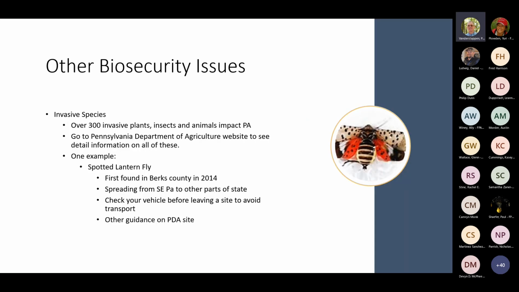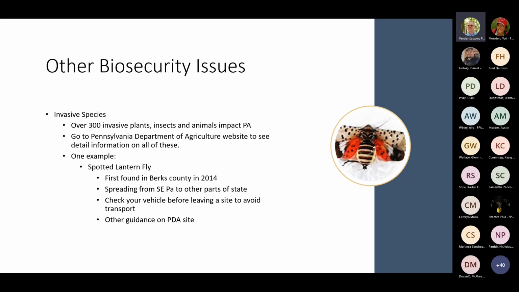Other biosecurity issues, back early in my presentation about biosecurity, it's more than just animals, it's invasive species. And I'm glad that several of the presenters early this morning talked about the regulations for invasive species and those kinds of things.